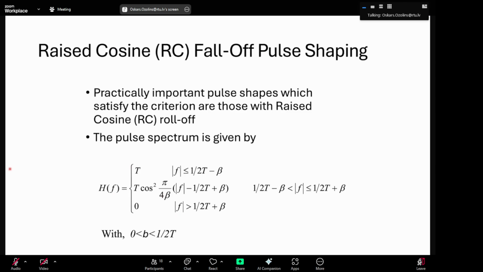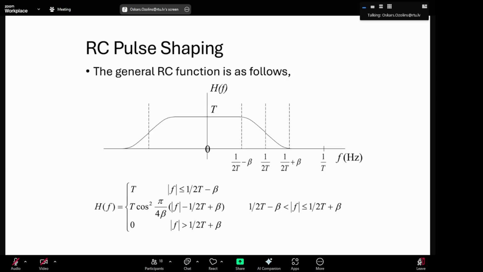I think we need to look at the visualization to understand this one better. Here is the response, and we can look at three different parts. This part is up to here, this part is this shape, and when it's larger than this, we assume it's 0.